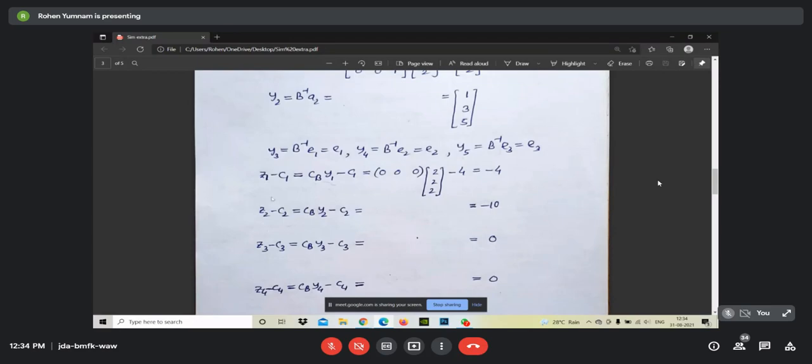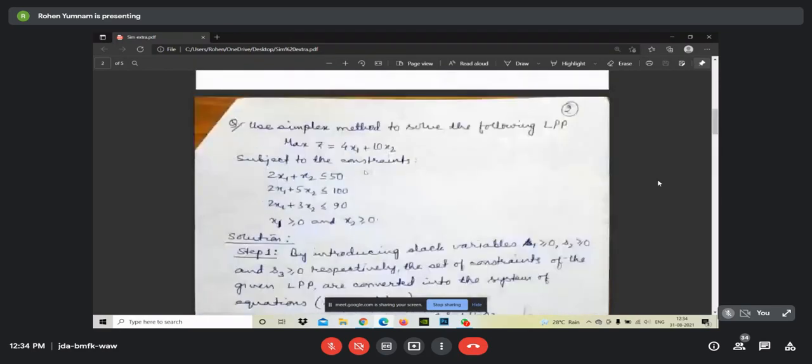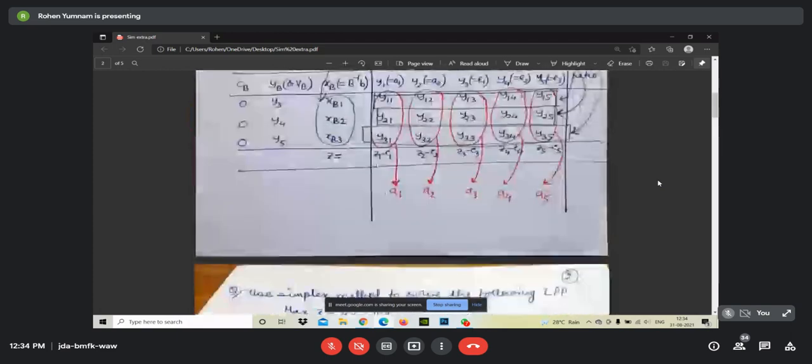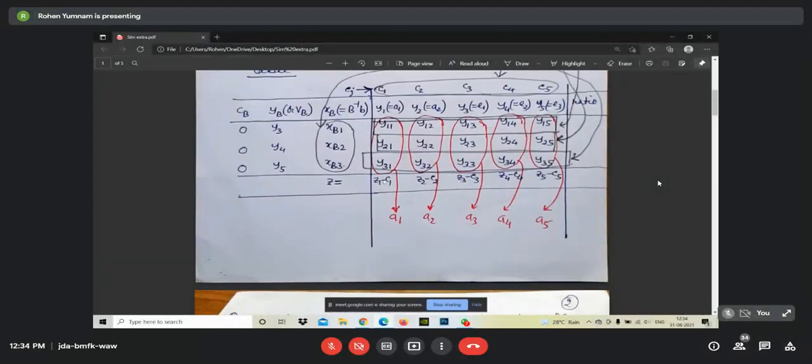And then the calculation of Z1 minus C1 is important because we have to put the value of Z1 minus C1. In actuality, what is this value? You do this, and you will get the result. That will be very easy. But from this table, what you have to do is multiply this column with this column, then multiply and add.